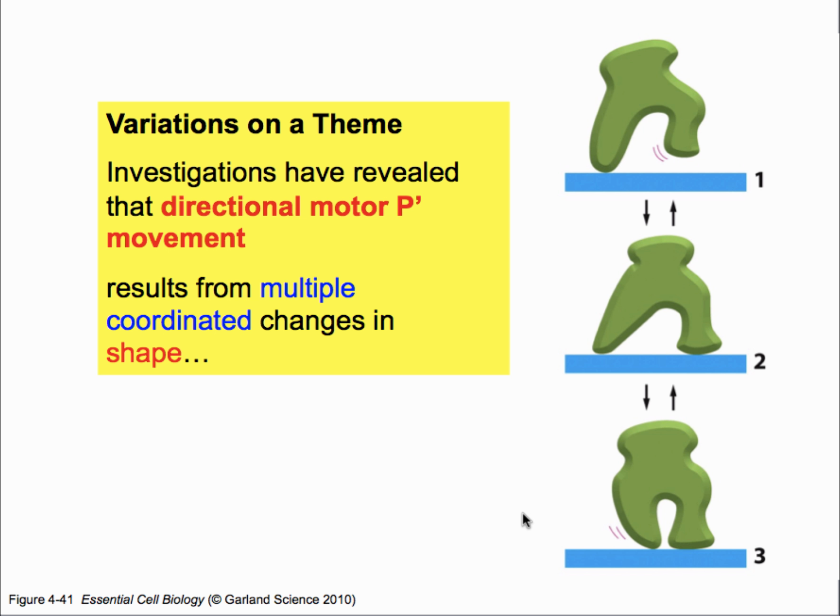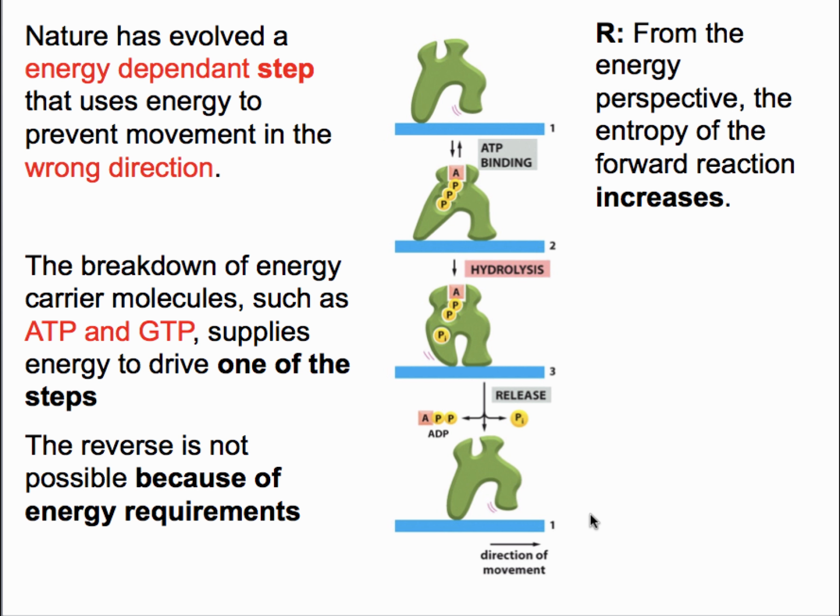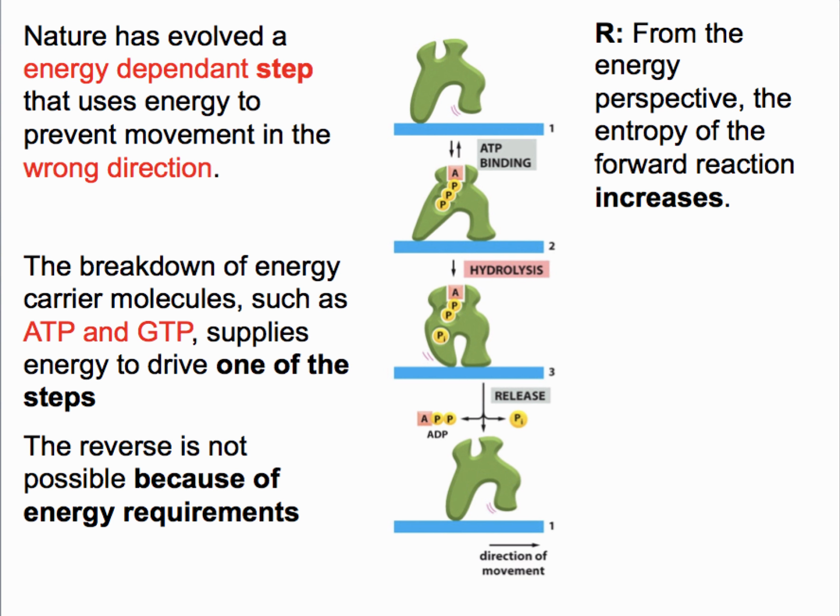This feat is achieved by having one of the steps in the sequential changes be dependent on a supply of energy, normally in the form of ATP or GTP. Therefore, it is very unlikely that the protein is able to move in the wrong direction, much like we do when we decide to move in a forward direction.